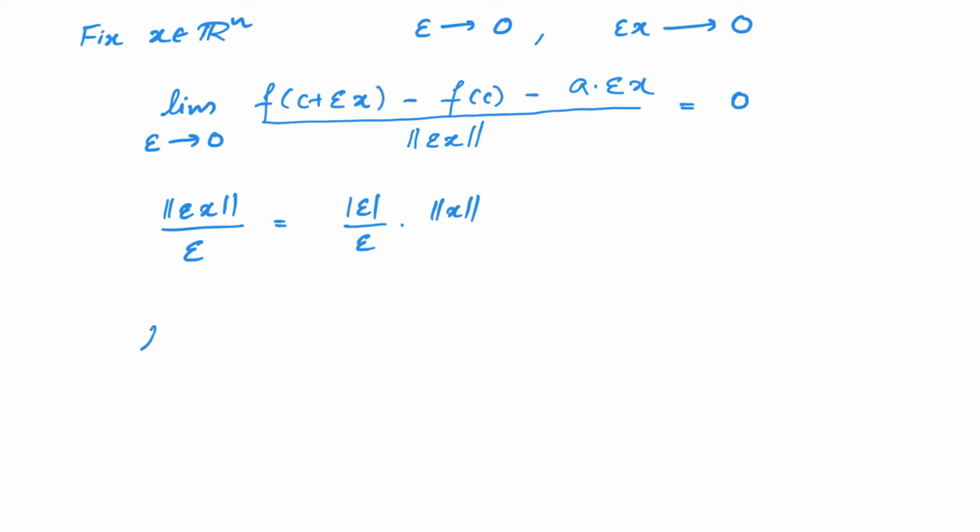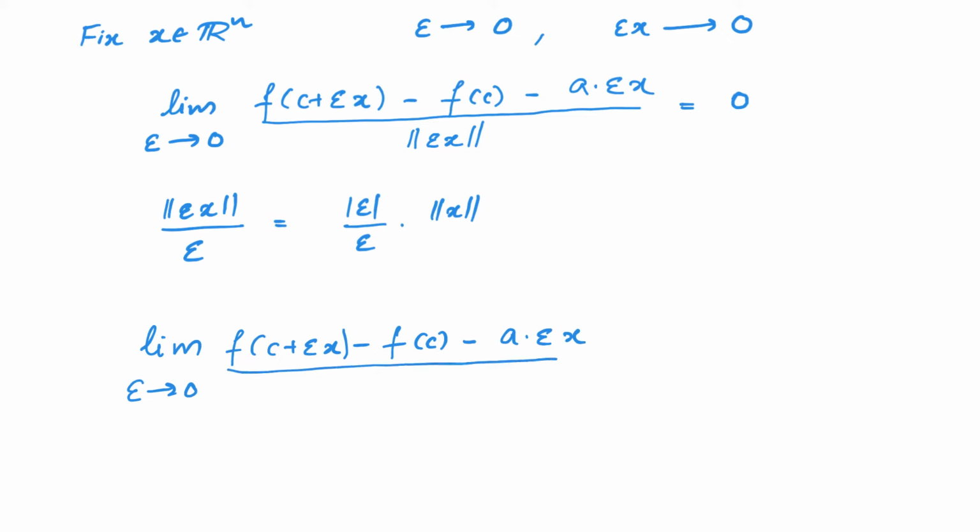In other words, we know that limit epsilon tends to 0, f of c plus epsilon x minus f of c minus a dot epsilon x divided by mod epsilon times norm x, into mod epsilon times norm x divided by epsilon, is also equal to 0.